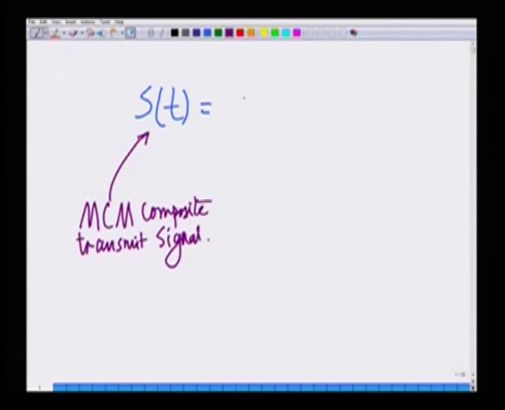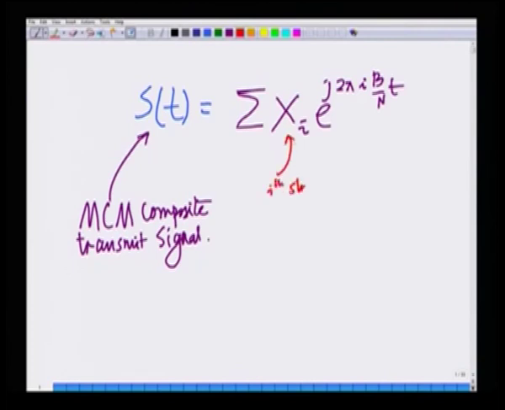It is given as the sum of x_i e^{j2πibt/N}, where x_i is the information symbol of the ith stream, and the exponential is the ith subcarrier.